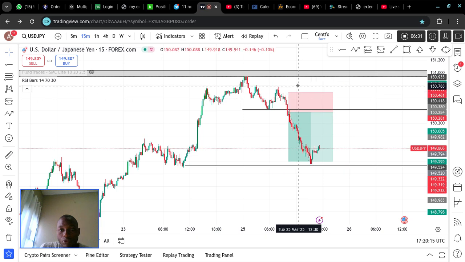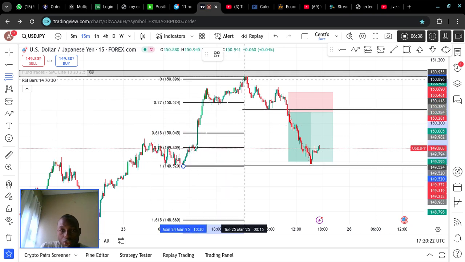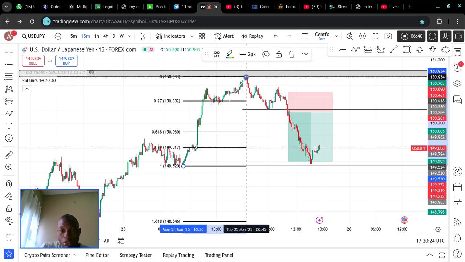Now when you use Fibonacci retracement from this zone to this zone, you discover that the market is still giving you your take profit at the same point.